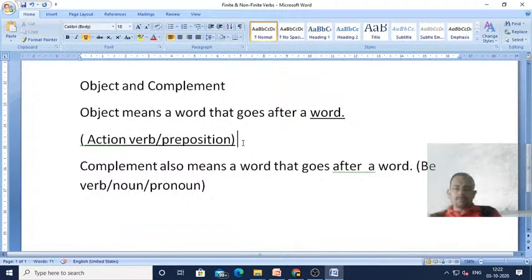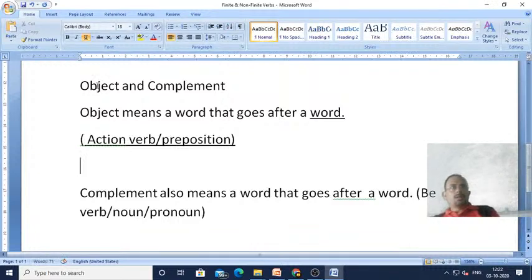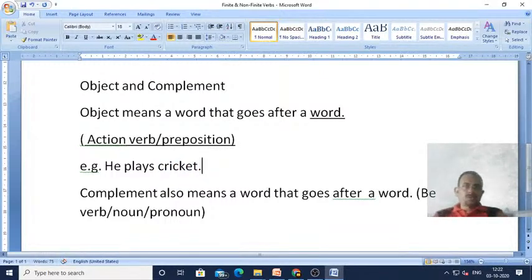Like for example, I give an example so that you understand it better. For example, you can see, if I write he plays cricket, here cricket is the example of object.